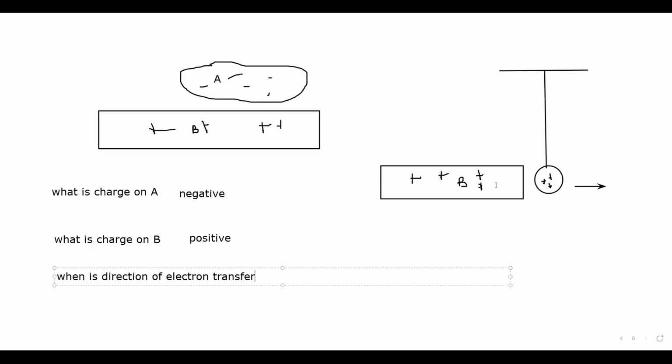Because B is positive and A is negative, B is losing electrons and A will gain electrons. So the direction of electron transfer is from B to A.